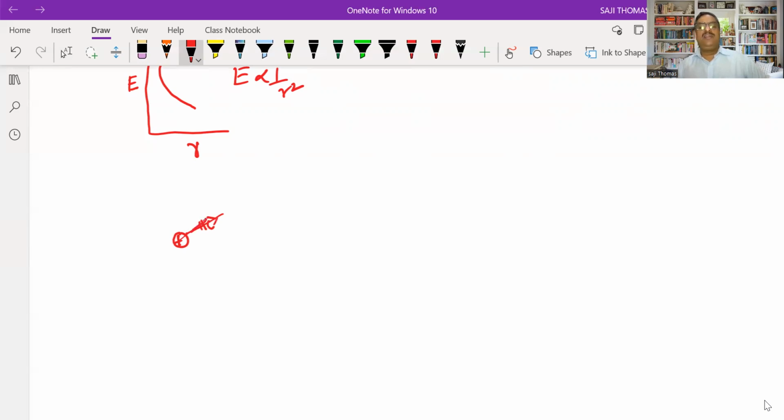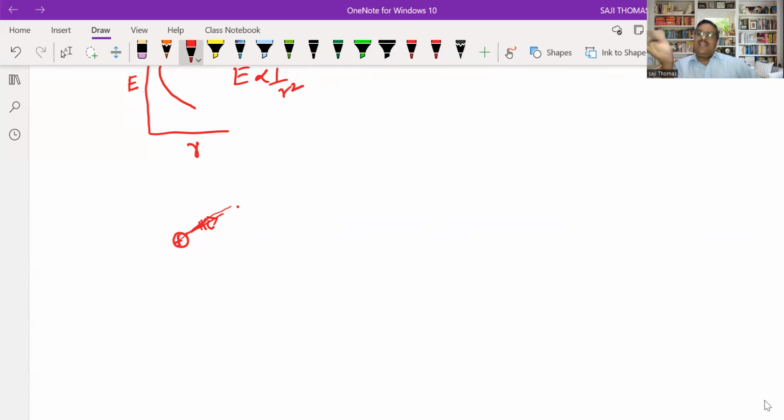That path traveled is known as an electric line of force or an electric field line. So what is an electric field line? It is the path traveled by an independent unit positive charge in an electric field. Unit positive charge means 1 coulomb charge.